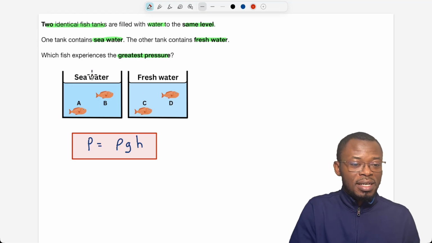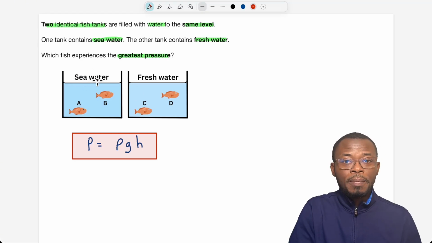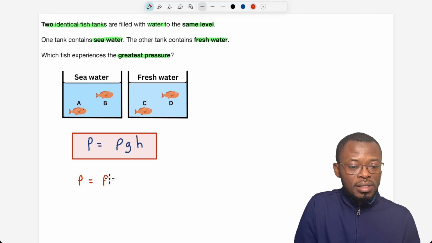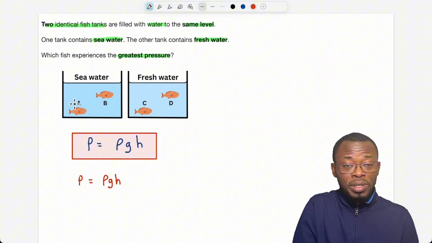So for the first tank, the tank with the seawater, we have option A, which is at the greatest depth, right? So option A is deeper in the seawater. In that case, if we go by the pressure as a function of the seawater depth, then option A is going to be the one experiencing the greatest pressure, because from the surface of this water all the way to the bottom at point A, we can see it has the greatest depth compared to option B, which just has the depth all the way from the surface to this point.